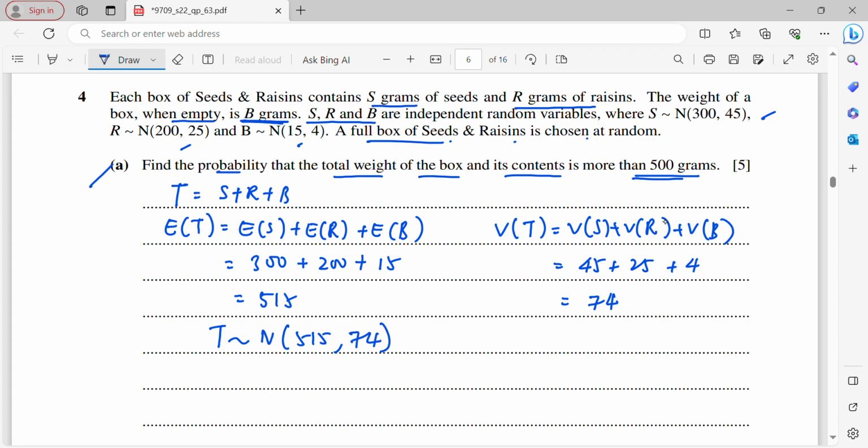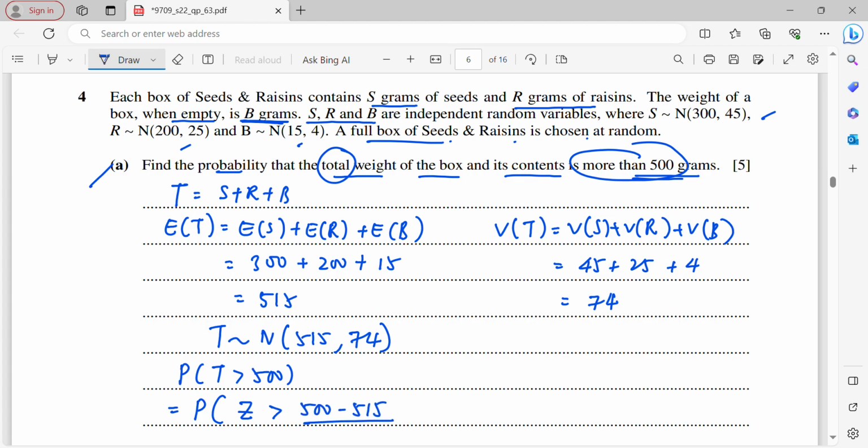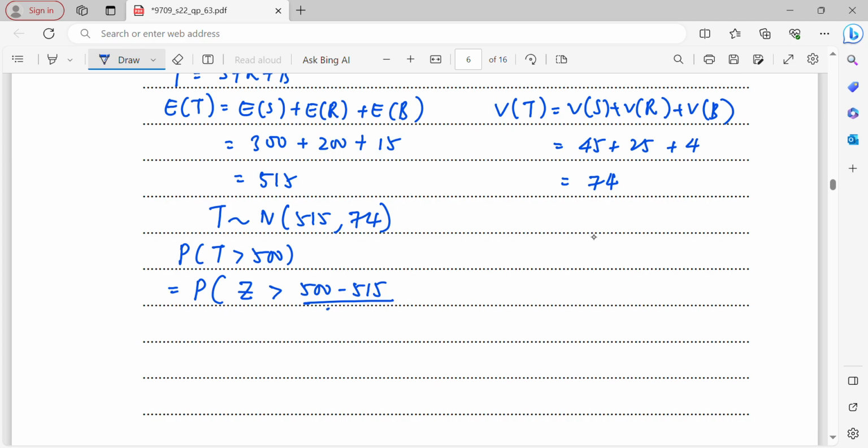And now you need to get the probability that the total is greater than 500, so P(T greater than 500). Therefore, I will standardize it to get Z more than 500 minus 515 over square root of 74.